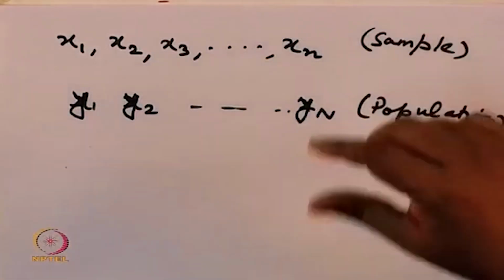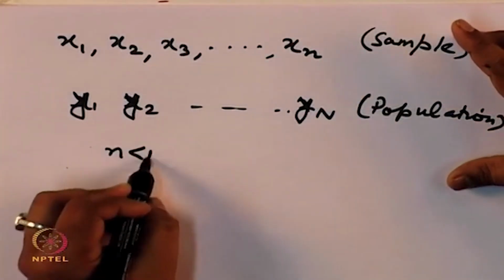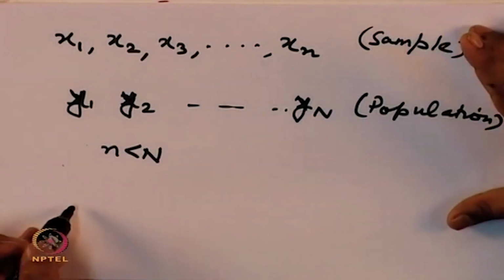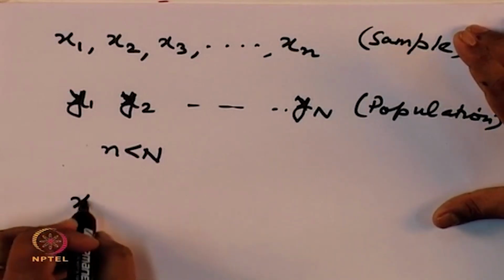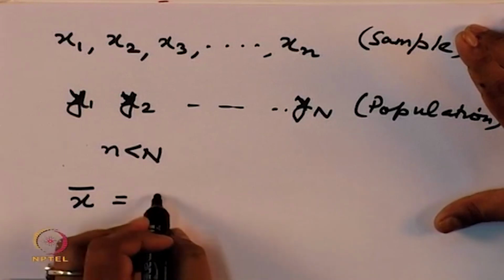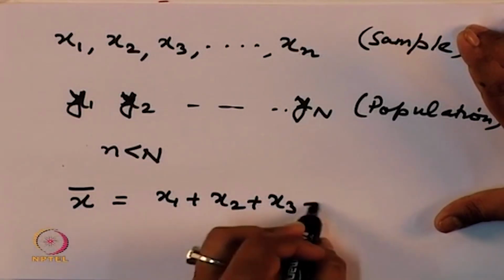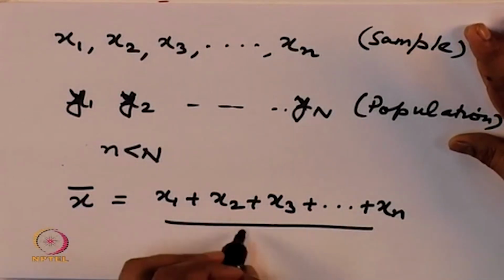So, essentially you have derived a sample of small n, where small n is less than capital N. And we want to know what is the arithmetic average. Okay. As most of you are perhaps aware, the sample mean is defined by this variable called x bar, which is nothing but x1 plus x2 plus x3 plus up to xn divided by the number of observations, which is n.